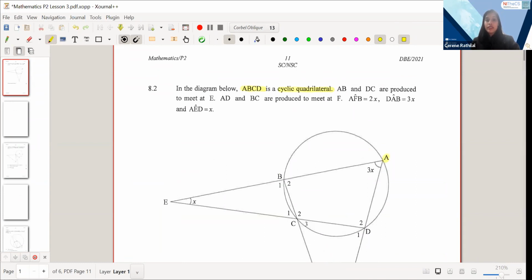So here are the vertices ABCD, and they lie on a circle, right? We're also told that line segment AB and line segment DC are produced to meet at E. Okay, that's fine. Quick question. Is this line a tangent to the circle? The line drawn from the exterior point E, is it a tangent to the circle? Yes or no?